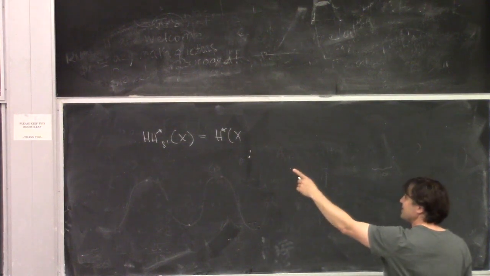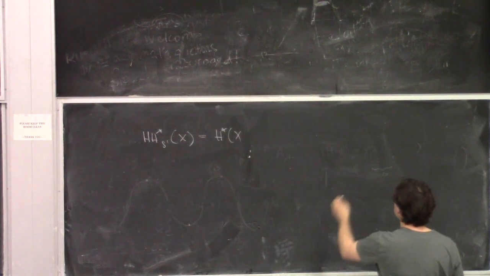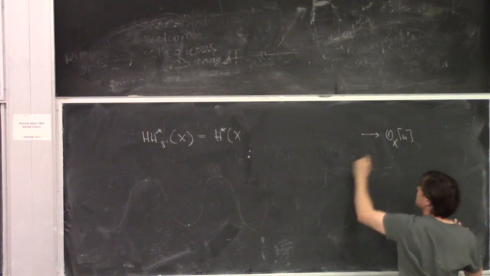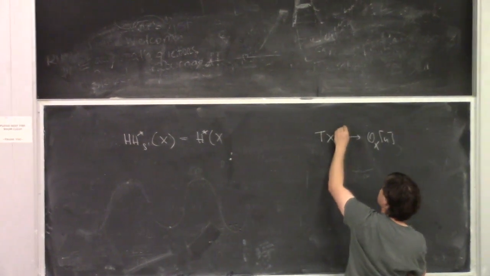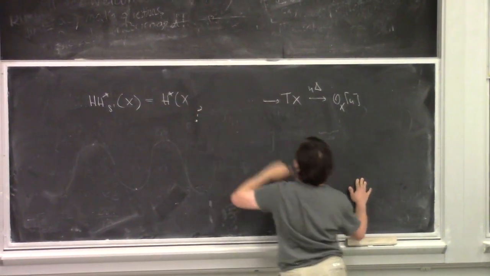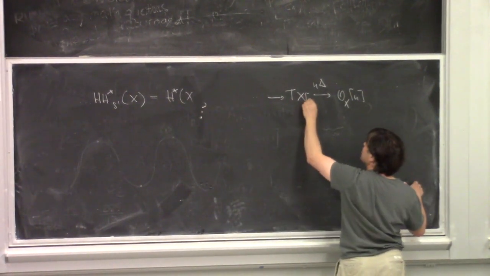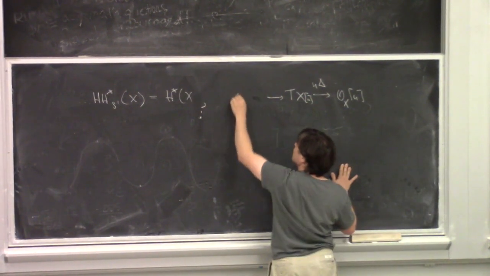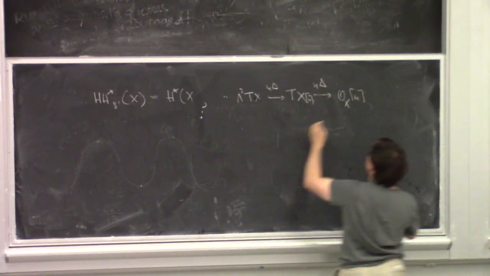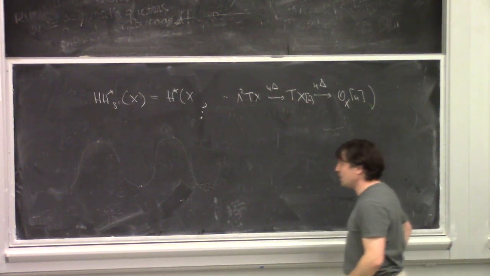So I start with the exterior powers, and now I add this u, and then comes the tangent bundle and u times delta, and so on. And it is the hypercohomology of this complex.